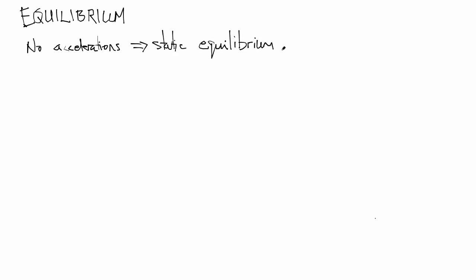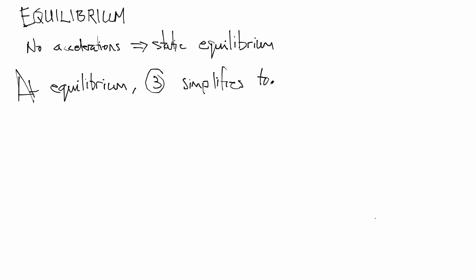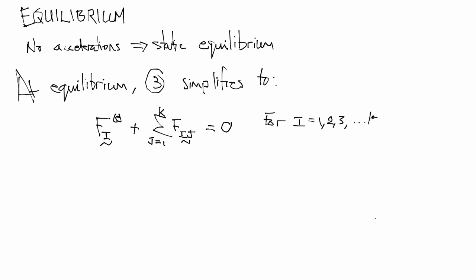At equilibrium, with no accelerations, equation 3 is going to simplify and becomes F sub i external plus the sum from j equals 1 to k of all the interaction forces is 0 for all the particles i equals 1 through k.